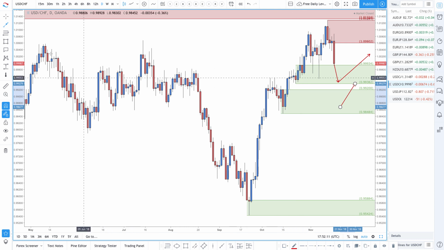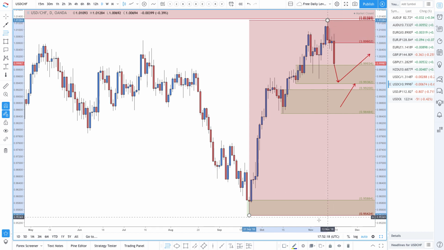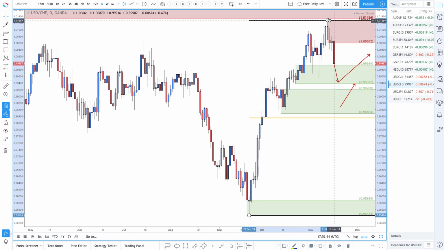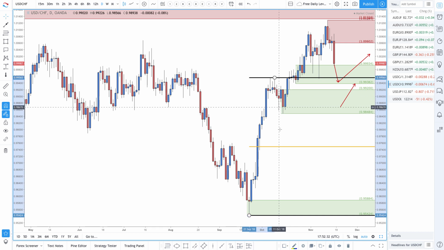If you're looking at a pullback, we haven't really had much of a pullback at all since mid-September, right? So if you're looking at the lows to the highs, we haven't pulled back at any point to the 50%, which is fair value between a low and a high price.